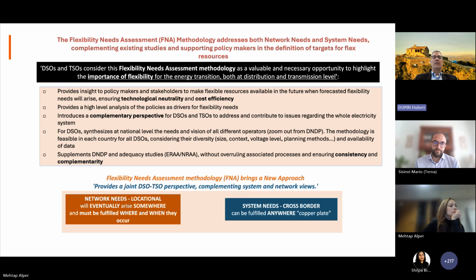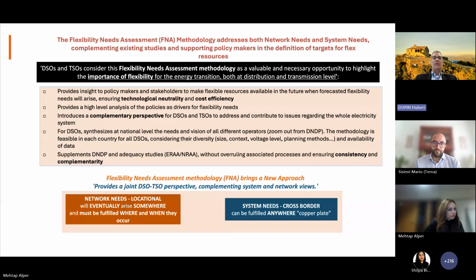In many countries, there are some issues on different voltage connection, low voltage, medium voltage, high voltage. With such incentives as they are, or as they will be, or as they plan, this is how much flexibility there will be. In other words, there are some issues of making all this renewable accessible on the network. How much is it? That's also one of the purposes of this methodology.